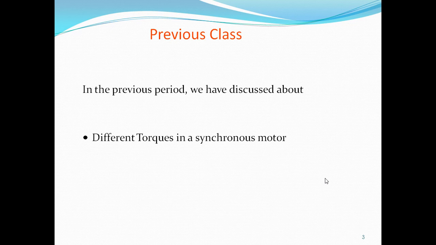How is pull-in torque produced? How the rotating magnetic field is produced in the stator, we derived in our second or third class. When we give a three-phase supply to the stator winding, it produces a rotating magnetic field whose magnitude is 1.5 times the maximum flux, rotating at synchronous speed.